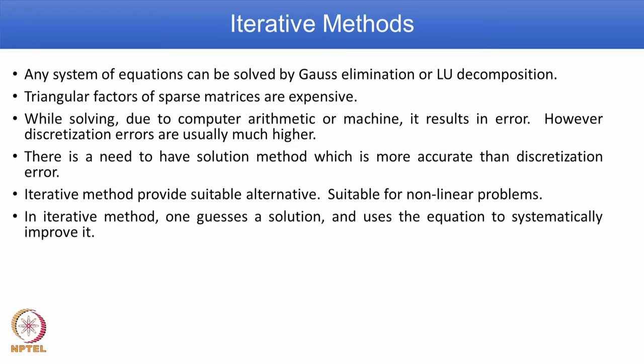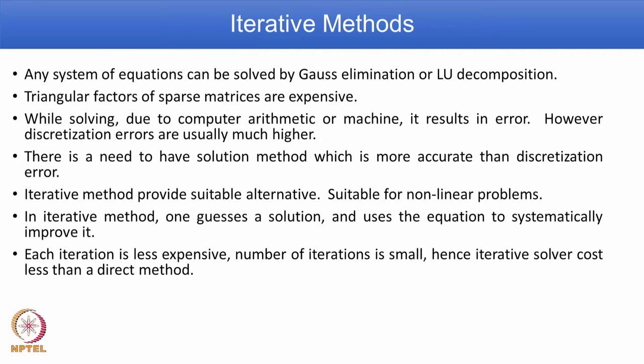In iterative methods, one initially makes a guess of the solution, then progressively improves it to get the accurate solution. Each iteration is less expensive, the number of iterations required happens to be small, hence the overall computational time requirement is also less when compared to the direct method.